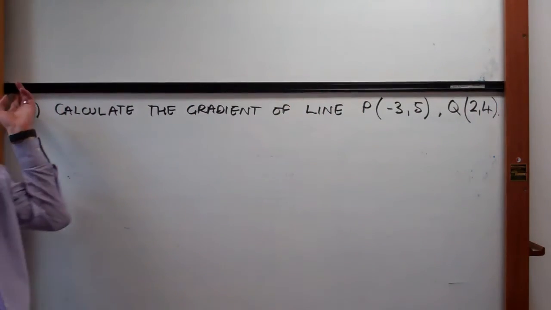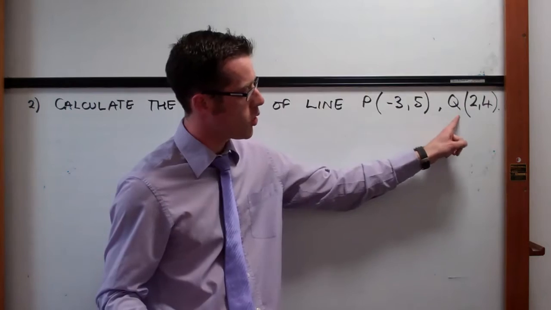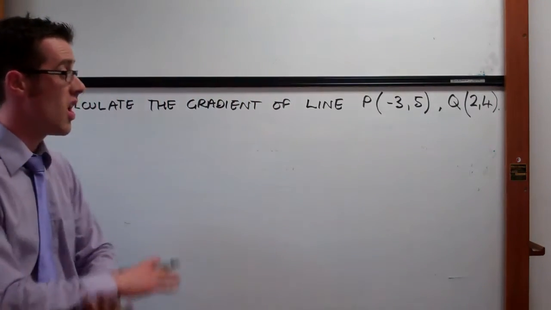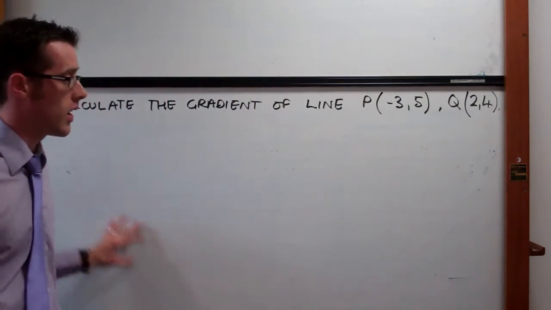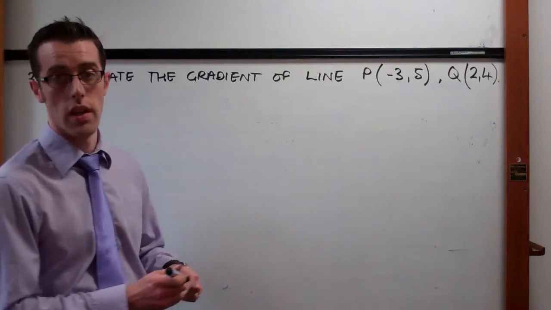Okay, so calculate the gradient of the line P minus 3, 5, Q 2, 4. So we've been given a pair of coordinates, no diagram. Okay, no diagram at all, and we have to work out the gradient from that.